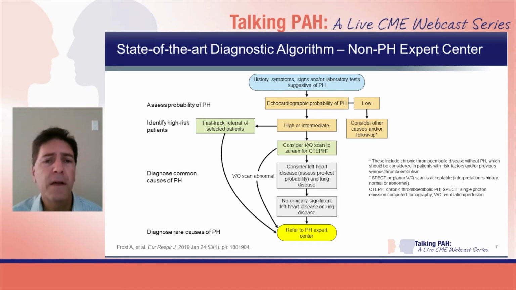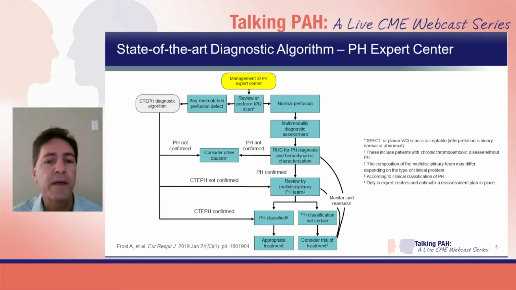And it goes along a typical diagnostic line of reasoning where you have a history or something to suspect pulmonary hypertension, and then you go through the workup excluding groups 2, 3, 4, and 5, hopefully fast-tracking patients that are high risk for referral to an expert center, and then the expert center takes over and finishes the workup and arranges for appropriate treatment, including these tests like VQ scans, right heart catheterizations to confirm the diagnosis.